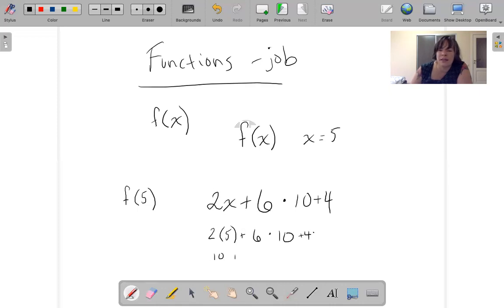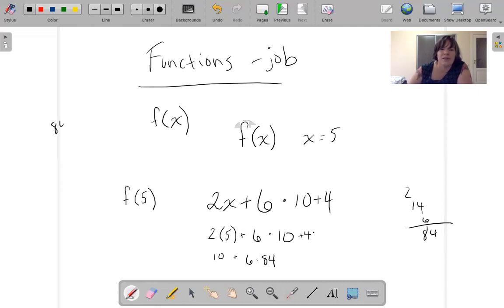is 10 plus 4 is 14 times 6, 24, 8, plus 84 times 6.